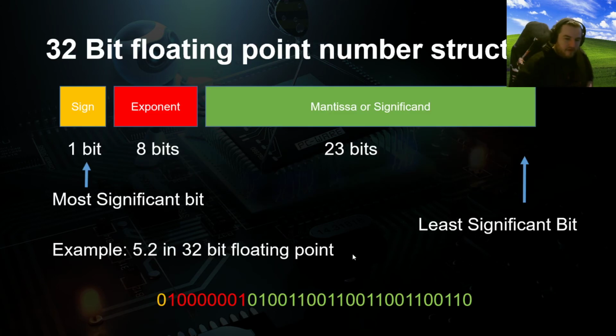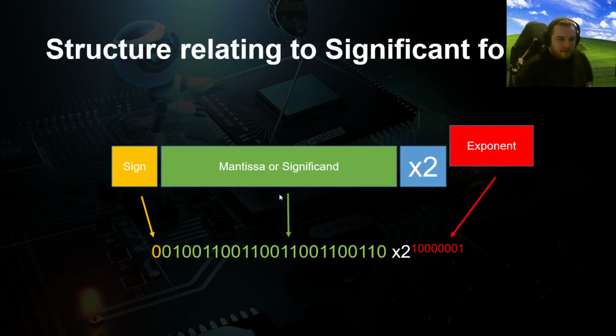So what it does is it takes this number that it stores, these 3 sections, which it stores as one big number at the bottom here, and it uses them like this. The green part is the 5.2. The sign is just whether it's positive or negative, so either 0 or 1. And then the exponent is the power of the times 2 section, so 2 to the power of what that is.